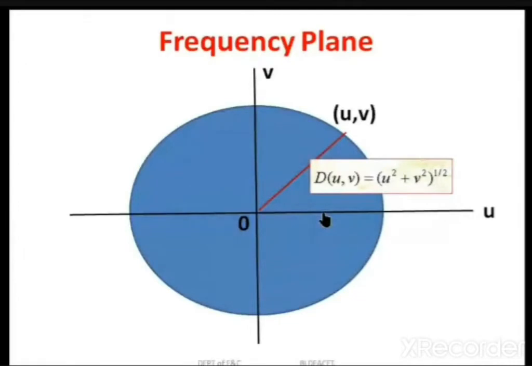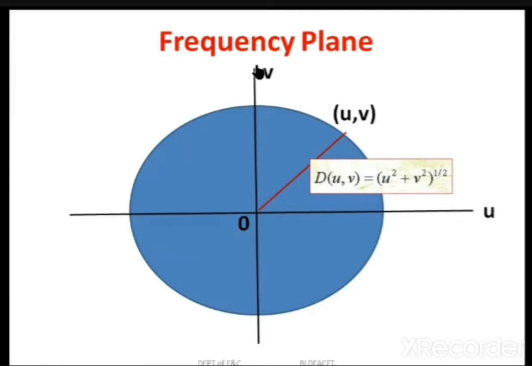Till now we have seen the image as a matrix, so the image can be represented in the form of rows and columns. But once you convert the image into the frequency domain, you get the frequency plane. Generally, the frequency plane can be represented like this. Here we have two variables, u and v.